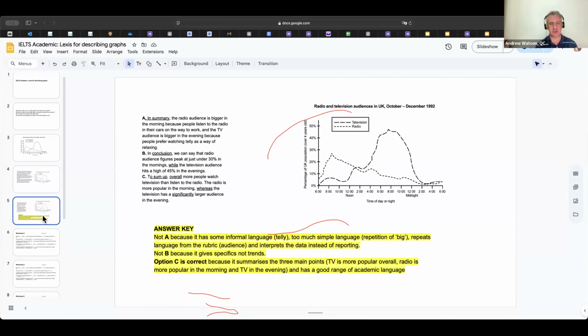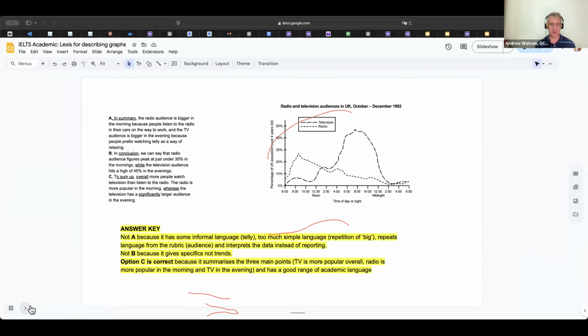And there's too much simple language, such as the repetition of big. It also repeats language from the rubric, right? Audience. And it interprets the data instead of reporting it, which is a no-no, right?